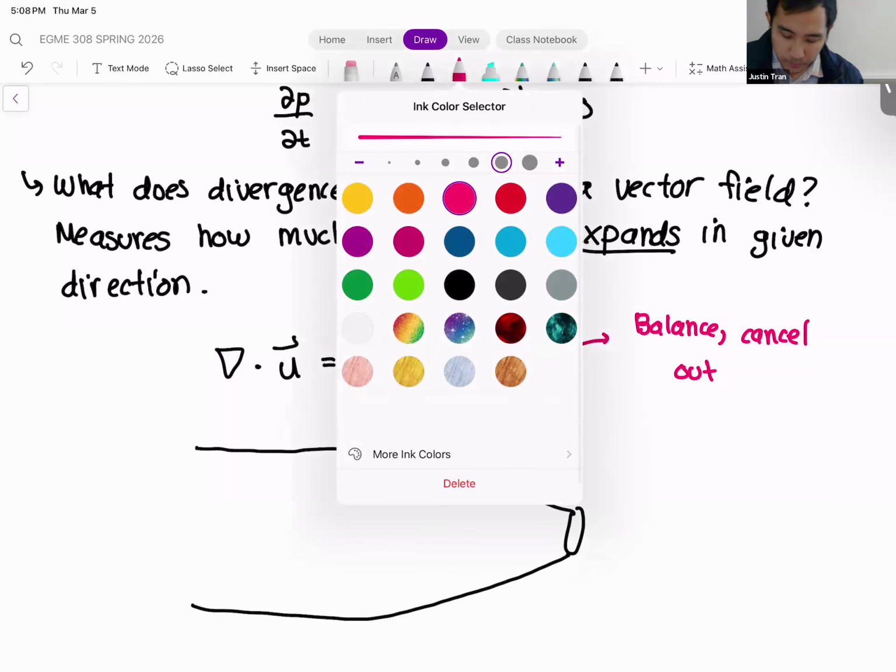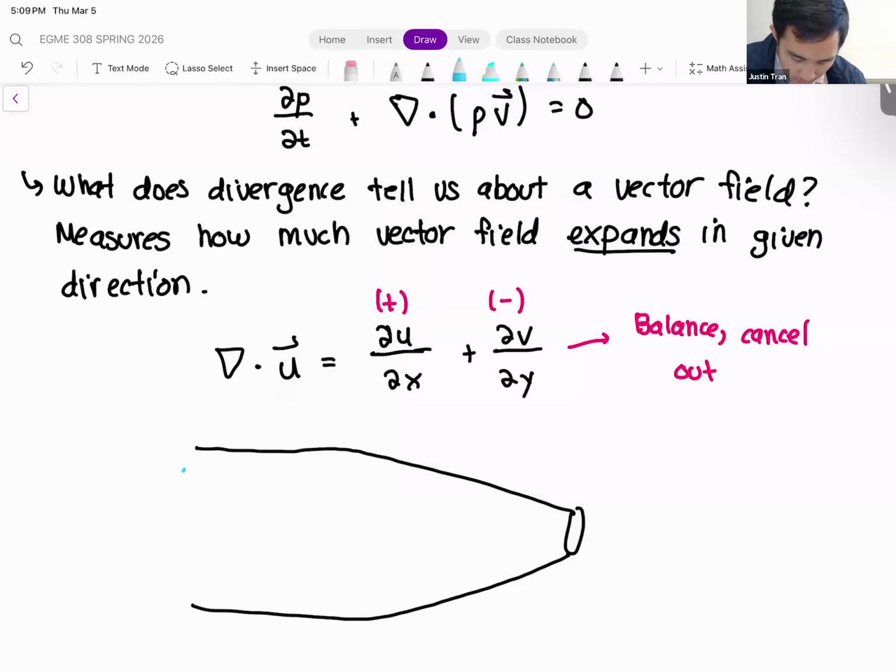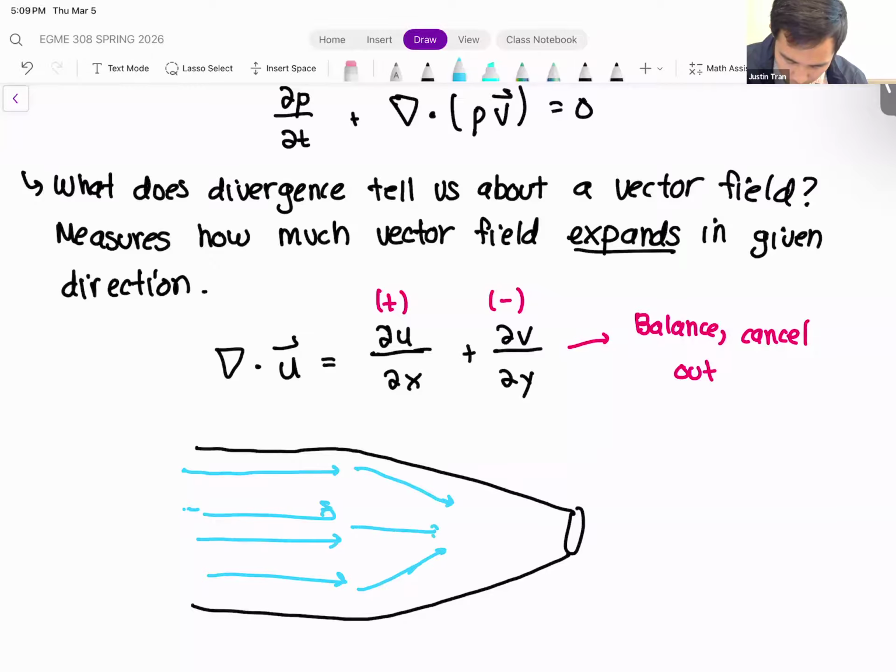So what's going to happen here is that flow is coming in. It's forced to bounce off the walls of the nozzle, and then converge. And as the flow converges, the flow is going to speed up.